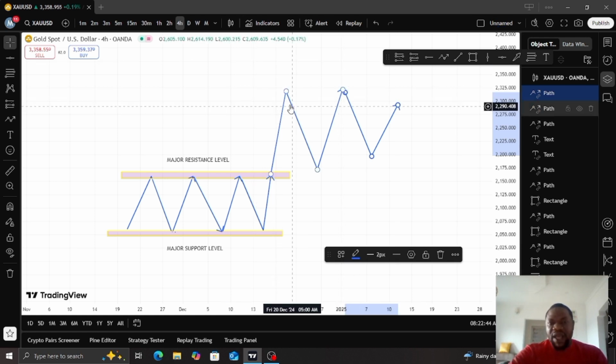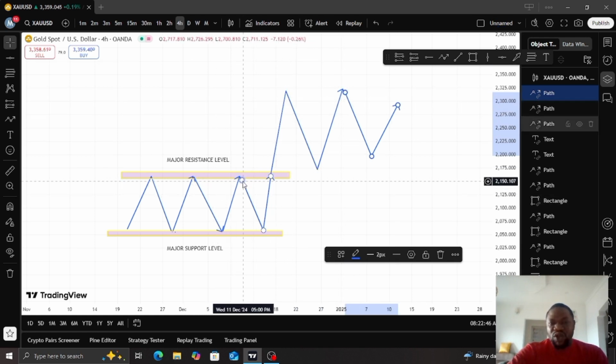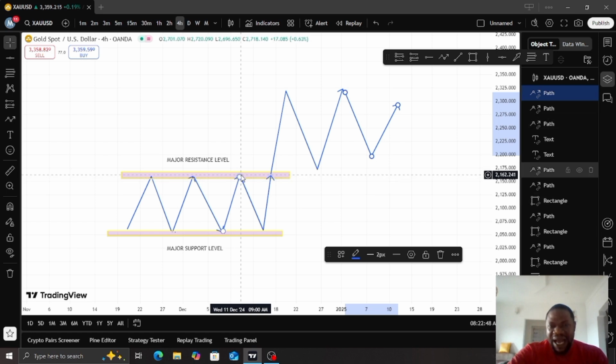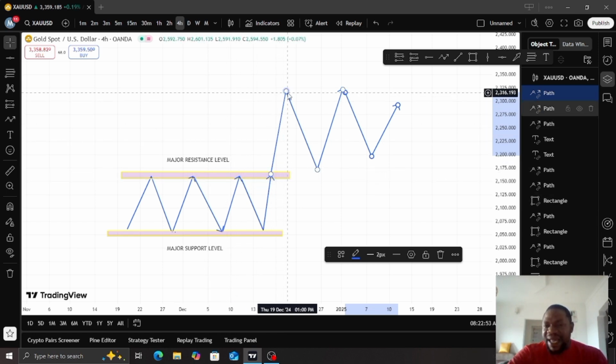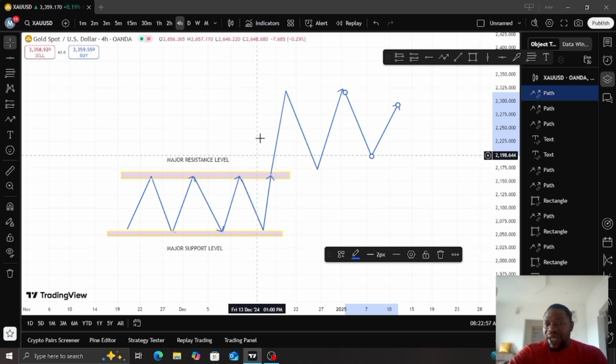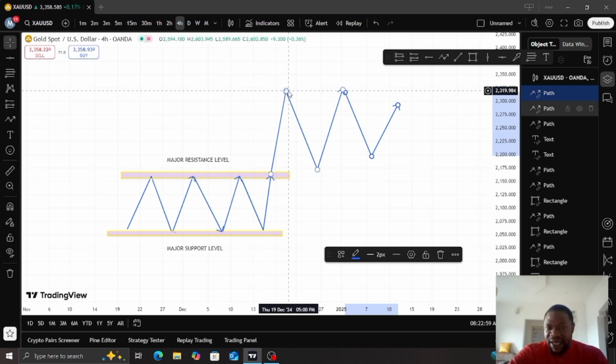So now we say that this resistance that we had earlier on has now turned to support, and because we have a new resistance here, can you see? So this resistance has turned to support, and then we have a new resistance up here, and we have another support level here. So to this support, we have a new resistance here.